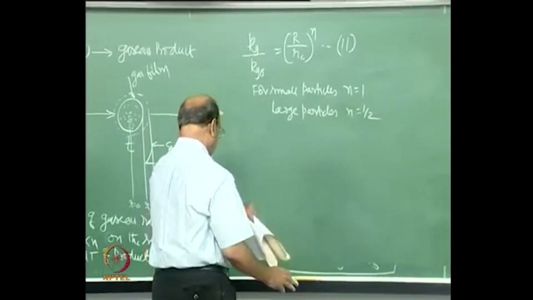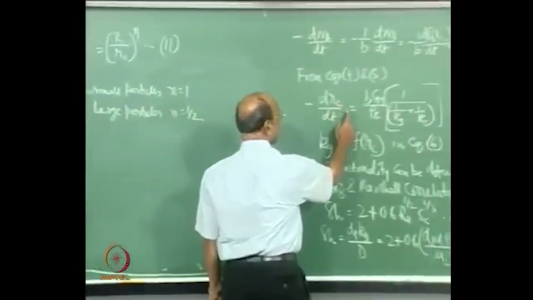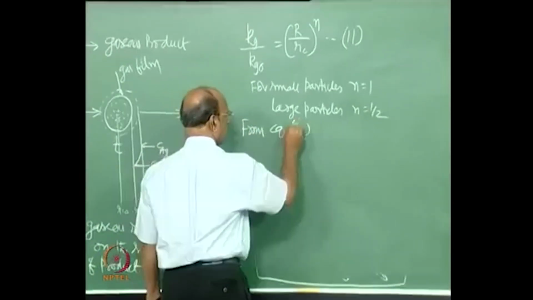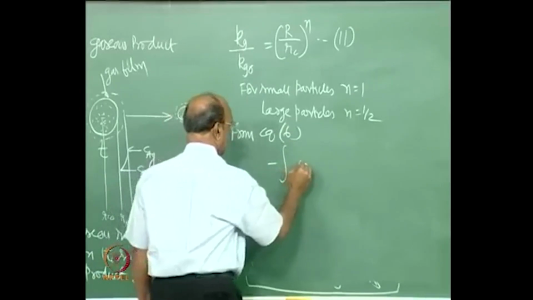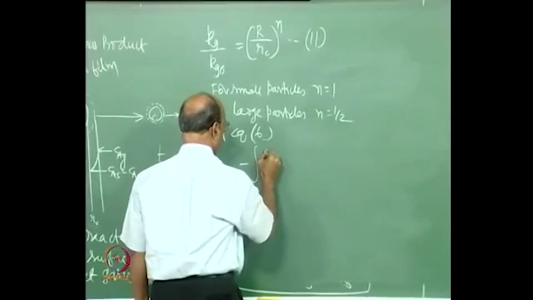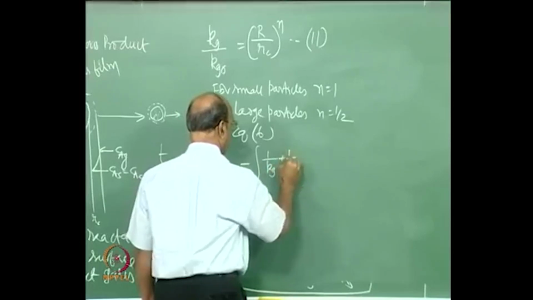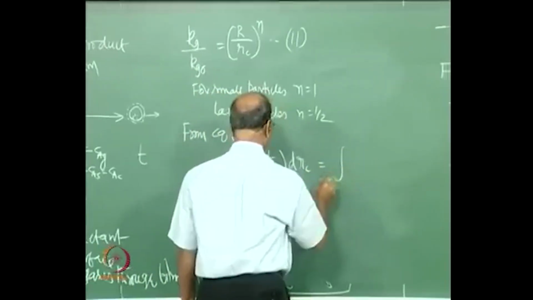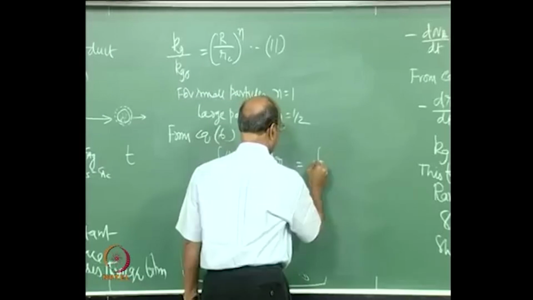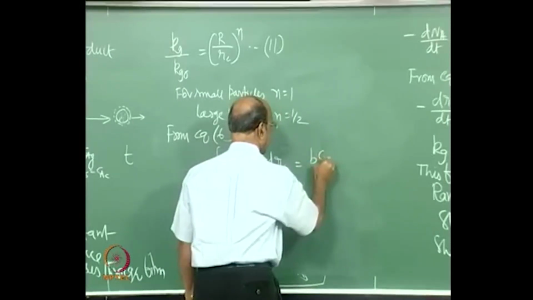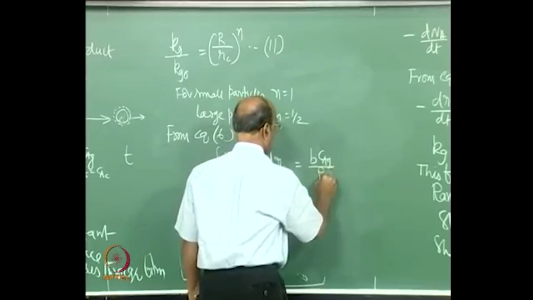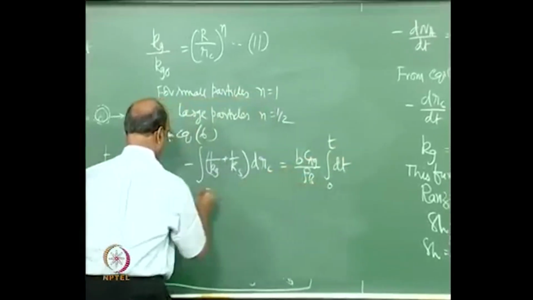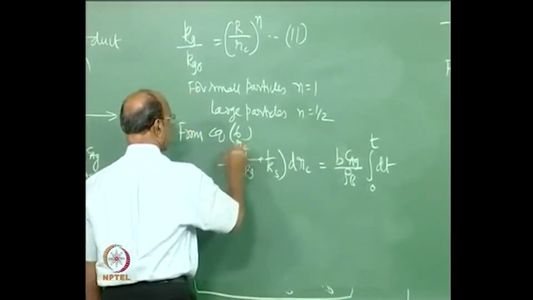Okay. So, now it is only integration that is left. So, that means from equation 6 I will simply write, minus integral, I have 1 by kg plus 1 by ks drc equal to integral, I will take the other thing, that is B CAG rho B integral dt, this is 0 to t, correspondingly 0 means capital R, at any time t means RC.